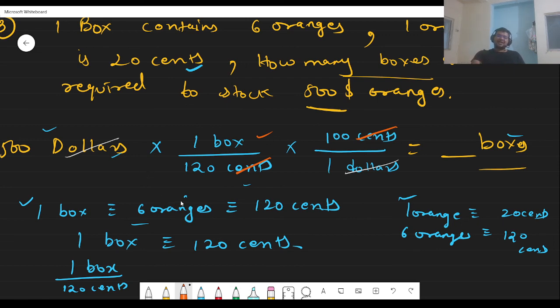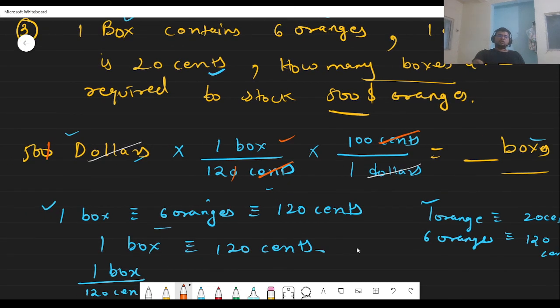Now I can try to solve this. I can cancel out this zero and this zero, and doing further calculation, 2 times 25 is 50, 2 times 6 is 12, and further I can solve this as 6 and 2 times 50 is 100.